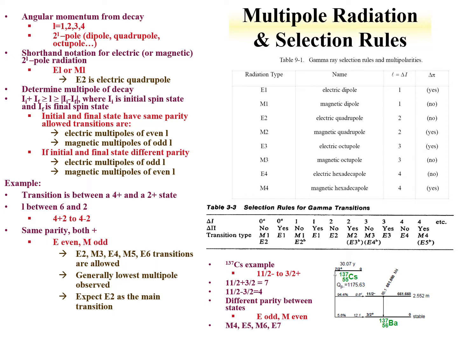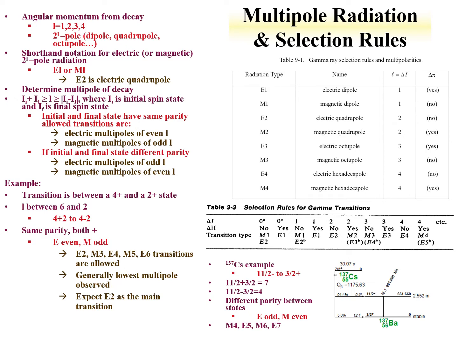So basically, the polarity can run from the sum and the difference of the initial and final state. If the initial and final state have the same parity, the allowed transitions are even L electric multipoles and odd L magnetic multipoles.